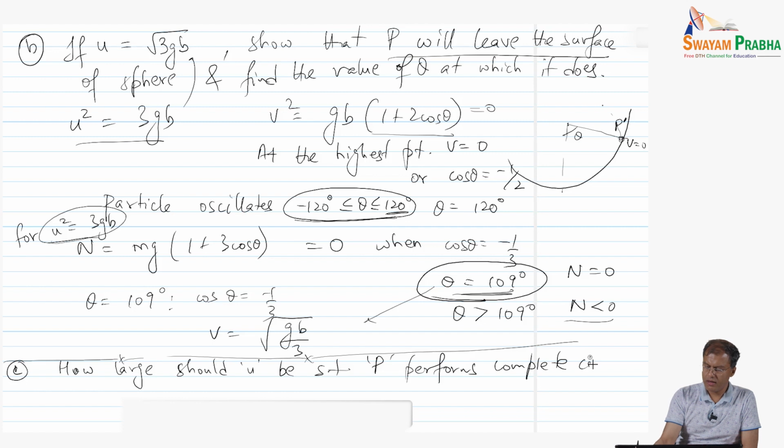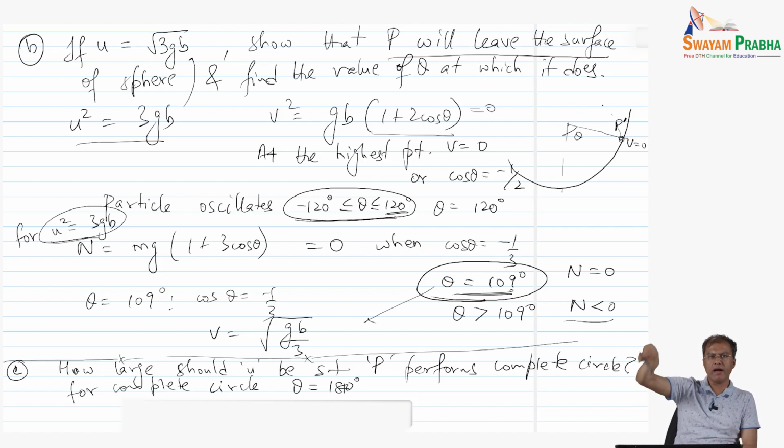For a complete circle, theta max could be 180 degrees. So if theta is going from plus pi to minus pi, then the system is performing complete circles, right?